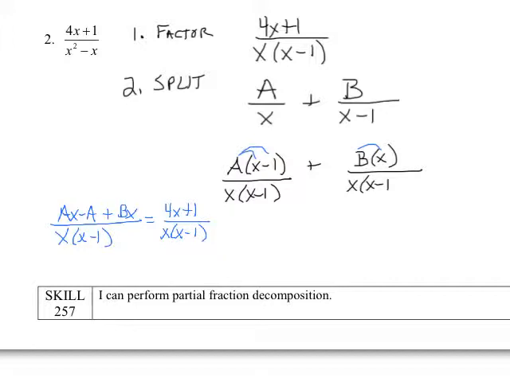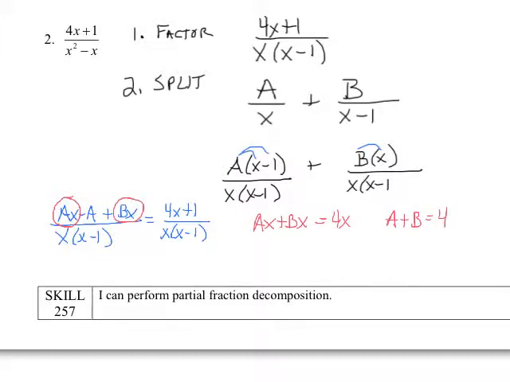So we can then say Ax + Bx has to equal 4x, or in other words, A + B is 4.